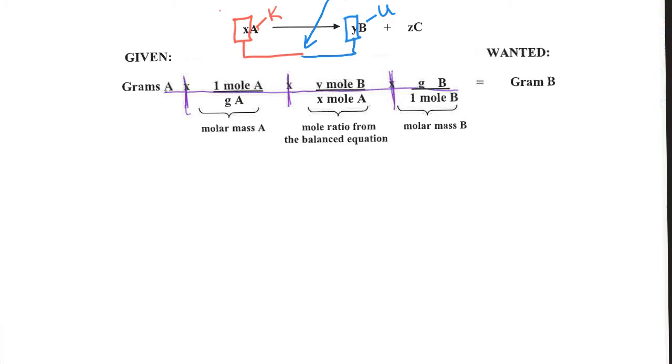So a problem, if you're starting with grams, you're given grams of A. You're going to need to calculate the molar mass. So that's going to be the weight of 1 mole of our known. This is going to be labeled as the known. Now we have our mole ratio bridge.